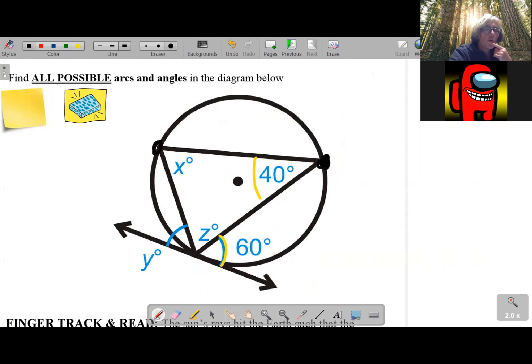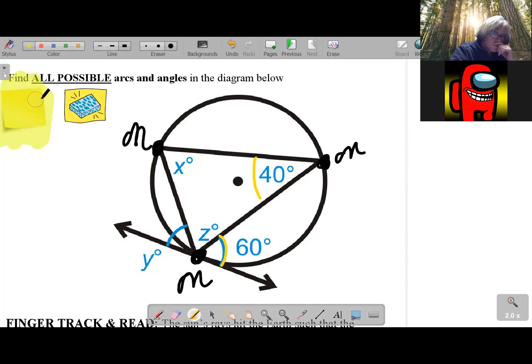Okay. Did you notice you have three inscribed angles? Yes. I labeled that. What's special about the inscribed angles? They're chords. Well, more importantly, when we have inscribed angles, what do we use? We use arc divided by 2. Well, yes, you're correct.